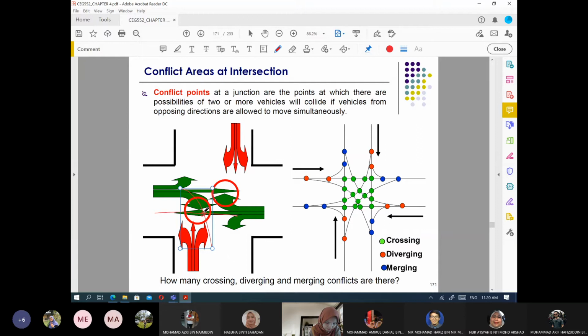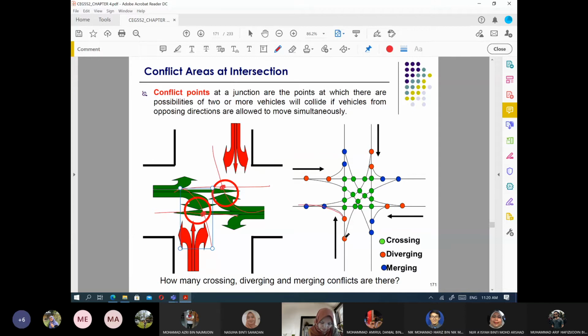So dia akan ada satu konflik di tengah-tengah. Yang ni pun sama, yang nak ke sana dan terus kat sini akan ada satu konflik yang bersilang. That is crossing. Green color is crossing. Okay. And then you will have those yang diverging and also merge. Merge tu dia bersambung lah.